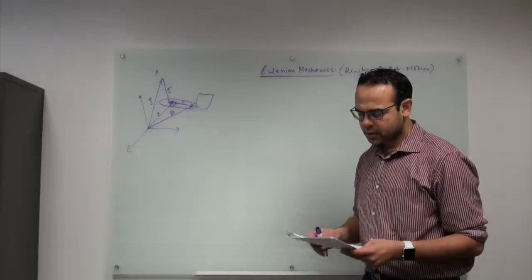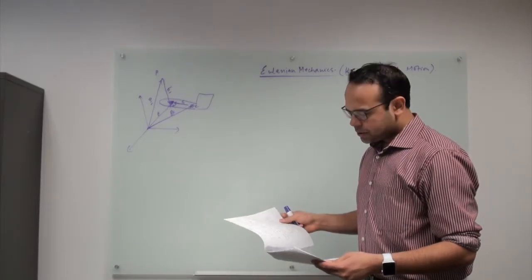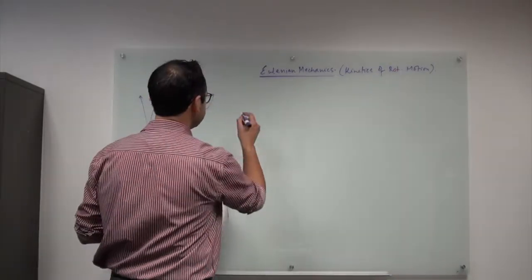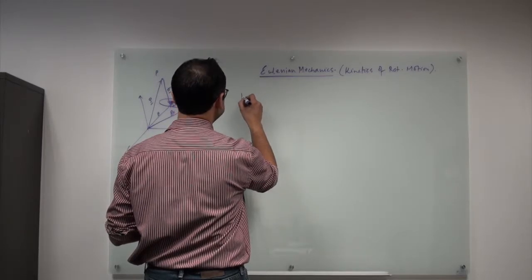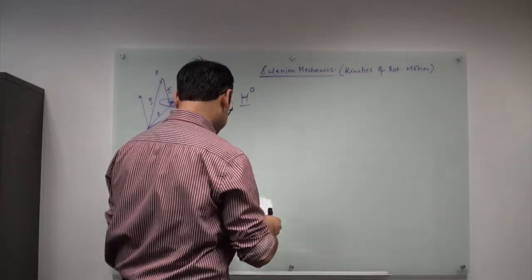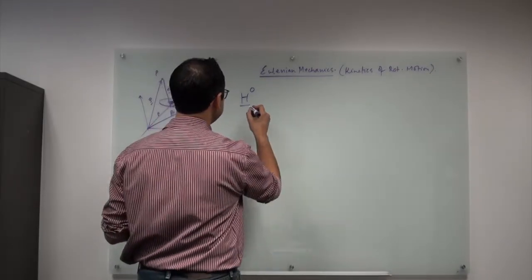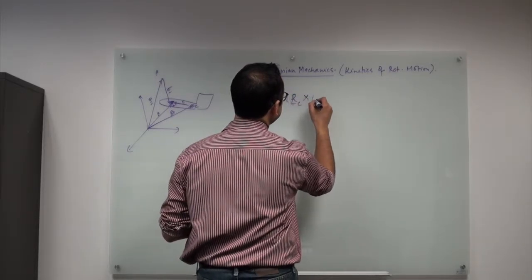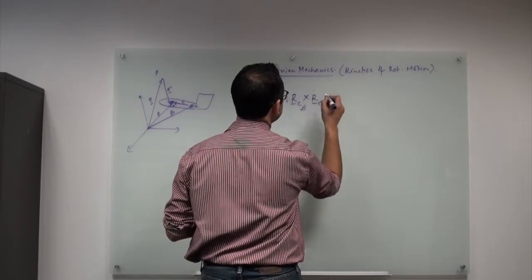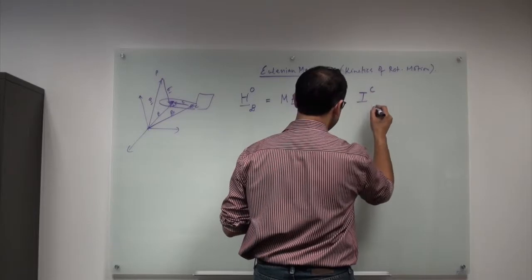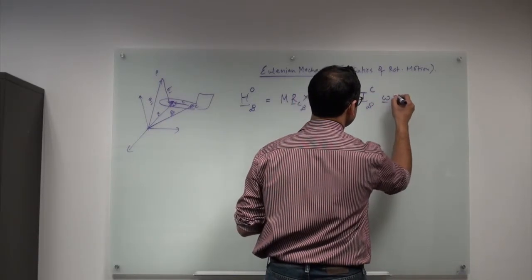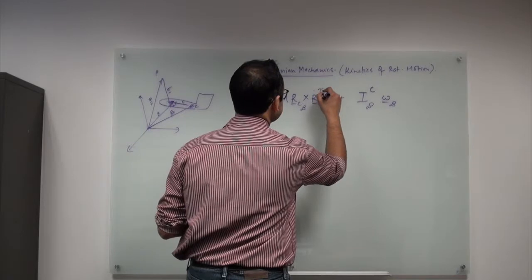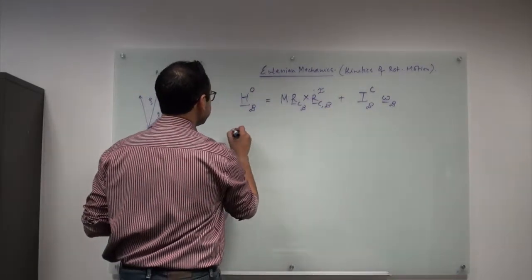Alright, so sorry about that disruption. We just moved to a different room. Okay, so we have derived so far this basic equation, expressed in the B frame: the particle part plus the inertia measured from C expressed in B. And we are looking at this term right here.